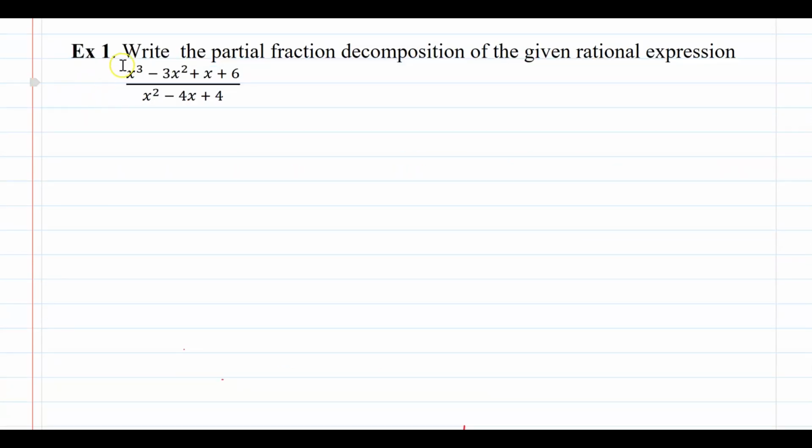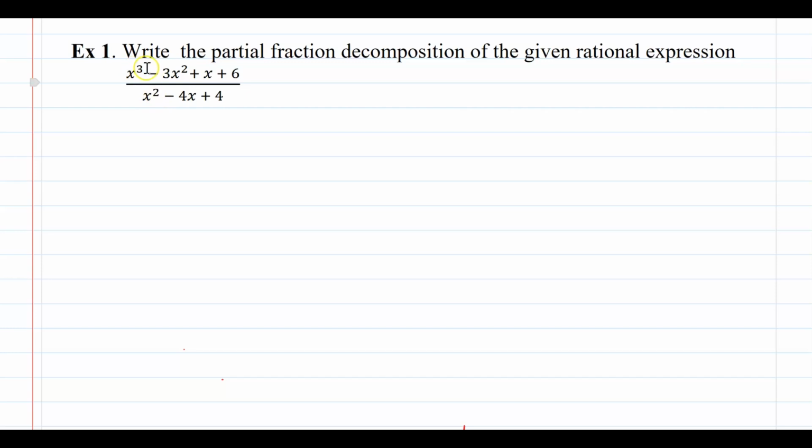Here is example 1. Write the partial fraction decomposition of the given rational expression: x cubed minus 3x squared plus x plus 6 over x squared minus 4x plus 4. You notice in this rational expression, the degree of the numerator is 3 and the degree of the denominator is 2.